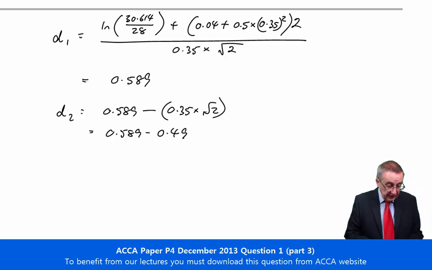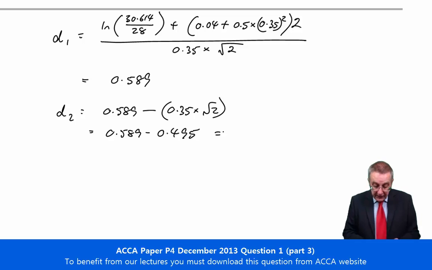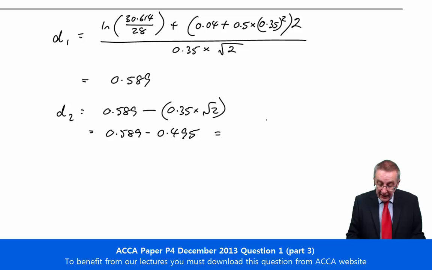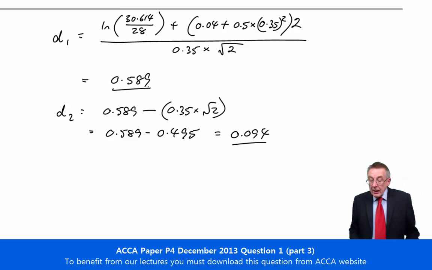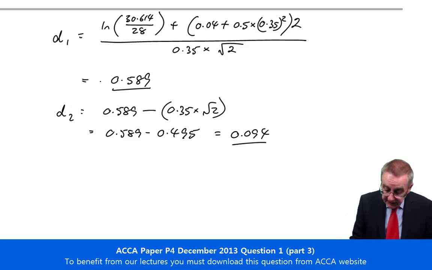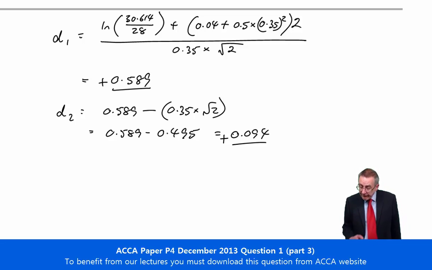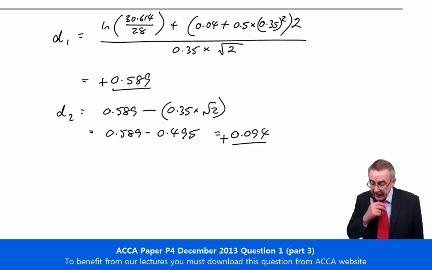The root of 2 times 0.35 equals 0.495. I do apologise, it comes to 0.094. Remember, the sign of these matters. I'll remind you what effect it has shortly, depending on whether they're positive or negative. But here they are both positive.